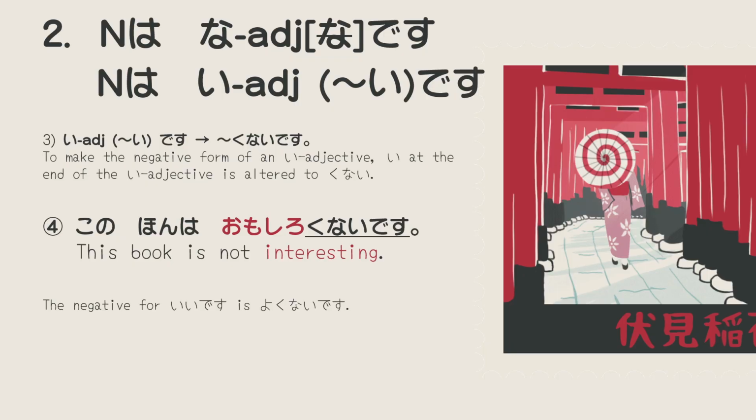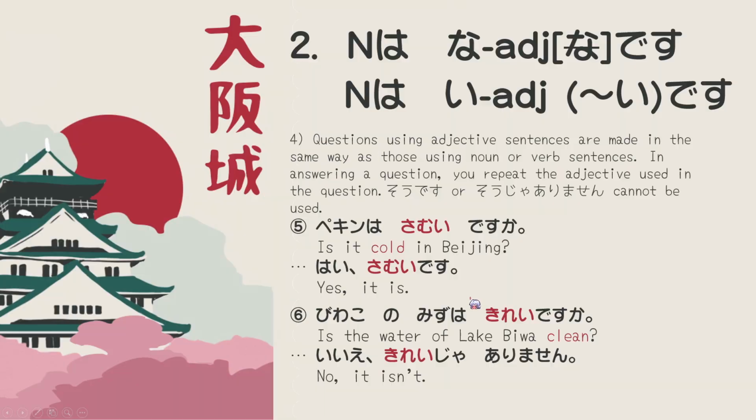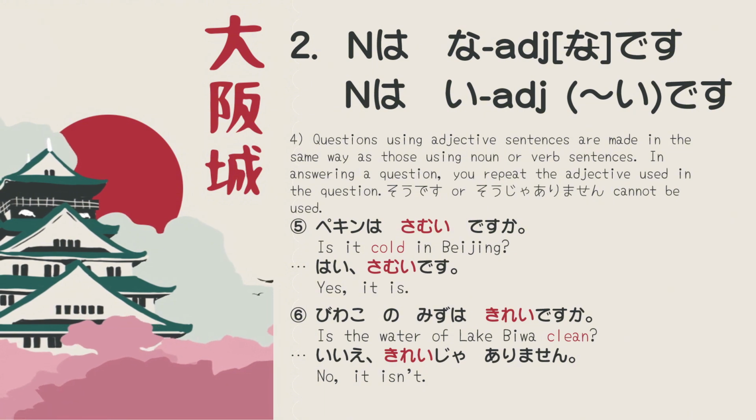Now, continuing on our next part of our grammar lessons, we have questions using adjective sentences. If you remember the question form, you add ka after the sentence.